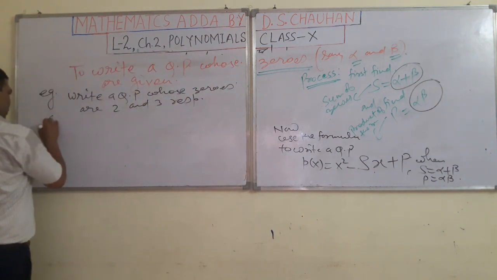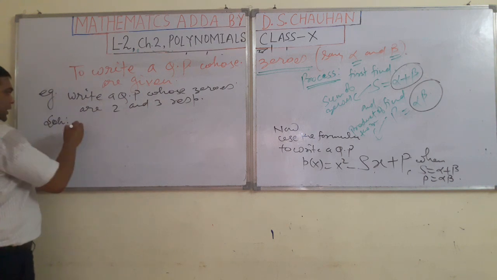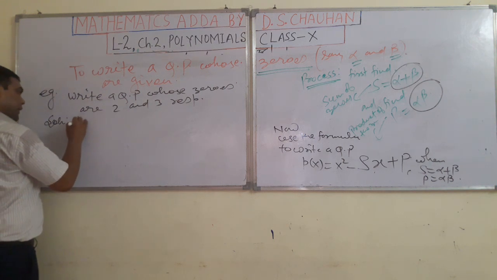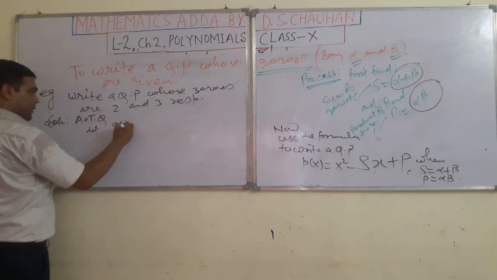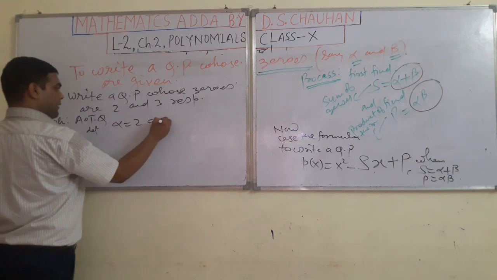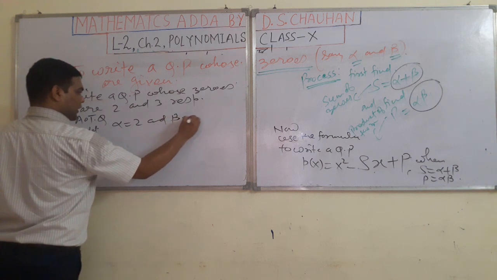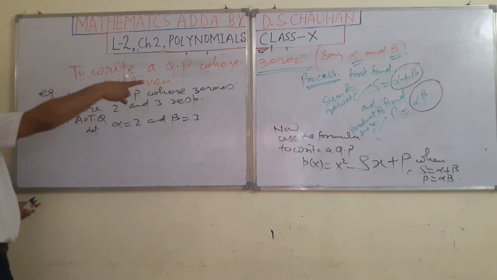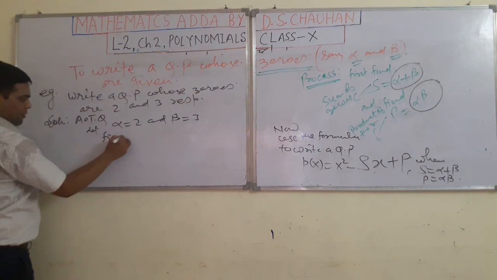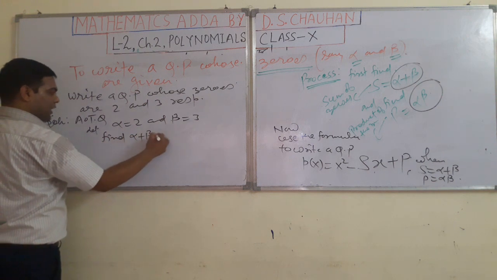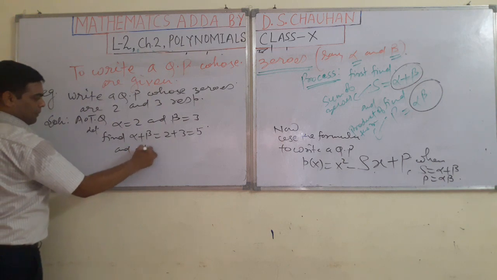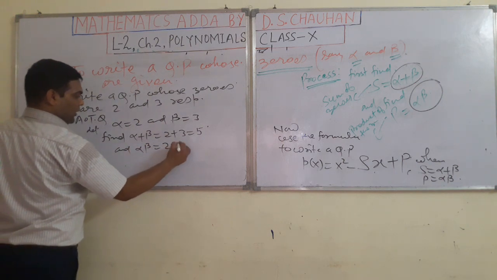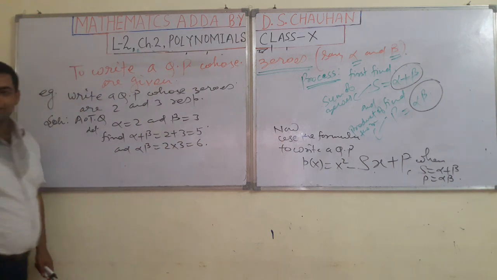So how to do the solution? According to the question, let alpha equal 2 and beta equal 3. I have told you the process. So find alpha plus beta, what will you get? 2 plus 3, it is 5, and alpha beta is 2 into 3, what will you get? 6.